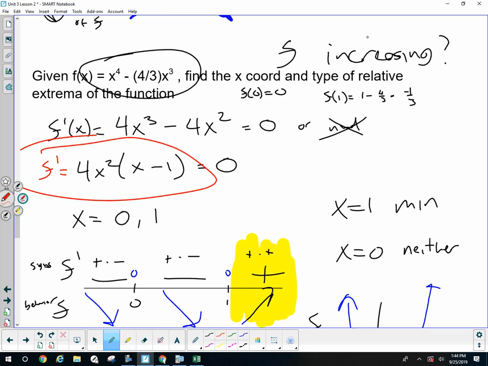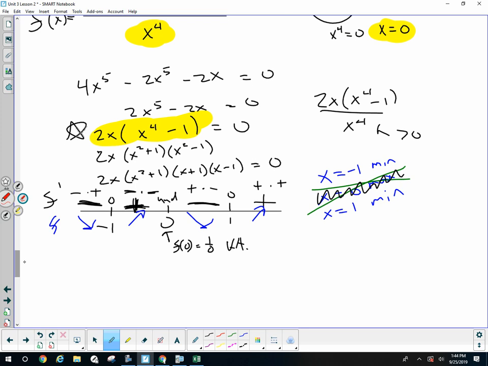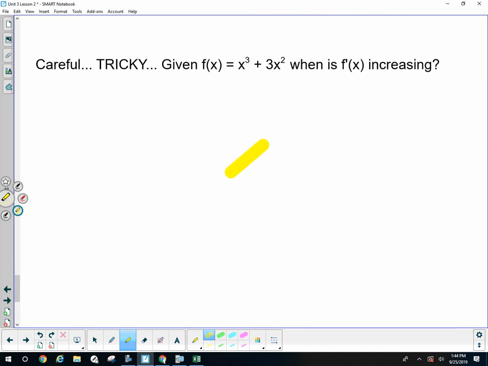And you would have said x is bigger than 1. Okay? So understanding that, you could have answered it here. When is f increasing? You would have said, oh, right there, between -1 and 0 and after 1. But I'm not asking that. I'm asking, when is f prime increasing?